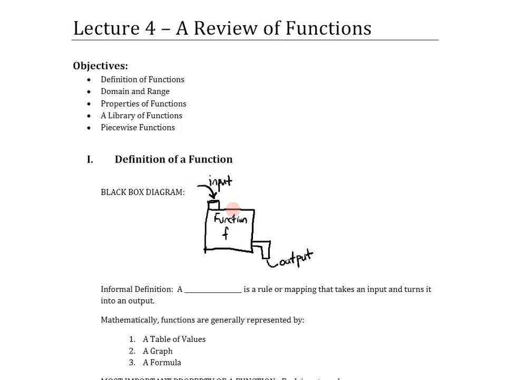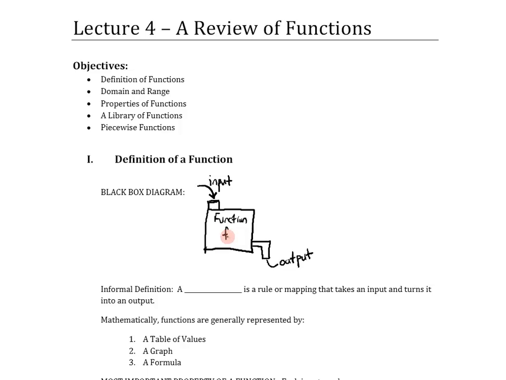You throw something into it, it does something to whatever you put in, and then you get something out of it. Now in mathematics, what do we put in? We generally put in numbers into a function and out come another number. We often work with functions that are formulas, but you can think of functions in terms of tables and graphs and formulas.